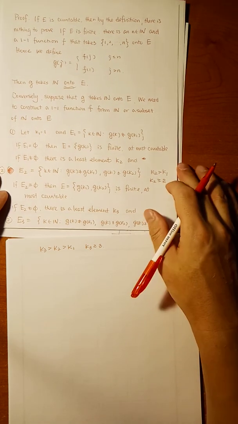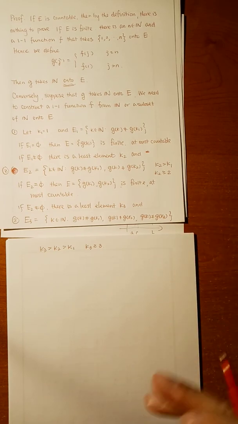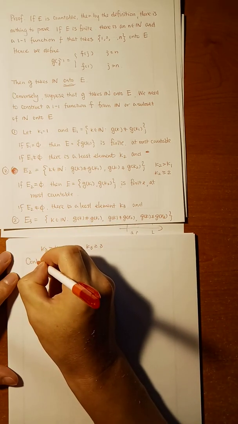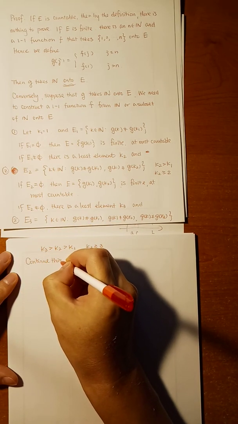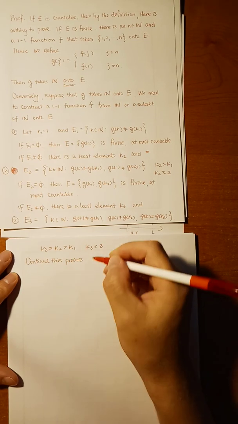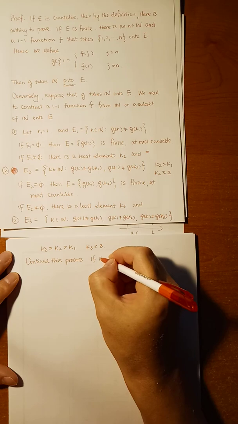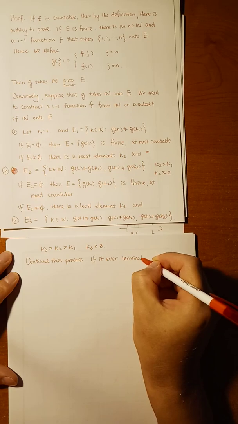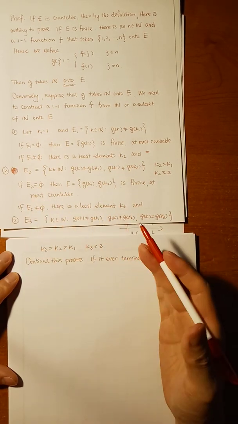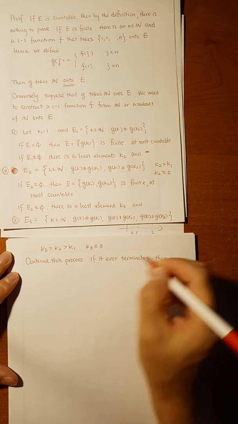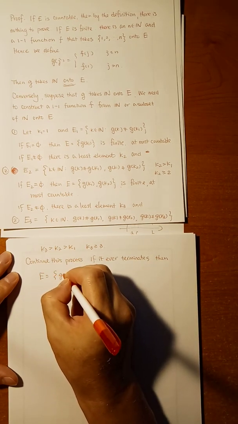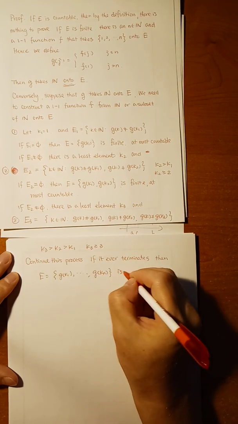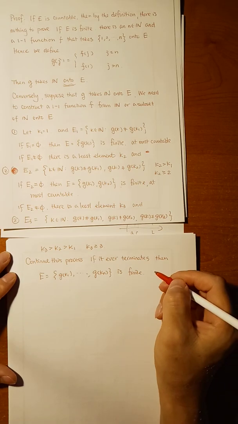Okay, so have you seen the pattern? We're going to repeat, continue this process. If it ever terminates, whenever you have an empty set at a certain step, then E is equal to {G(K1), ..., G(Kn)}, which is finite, at most countable.